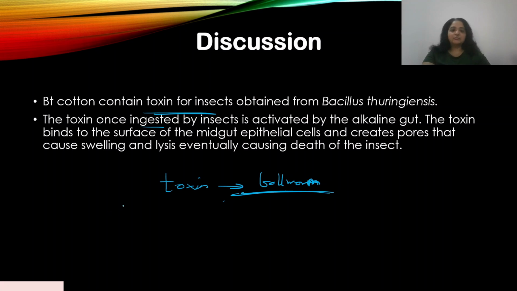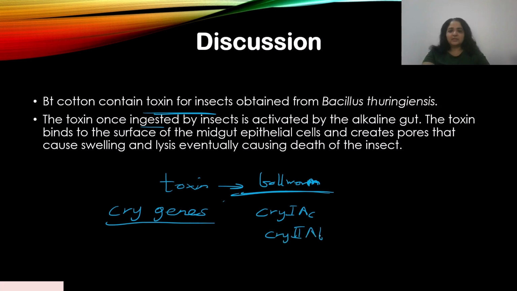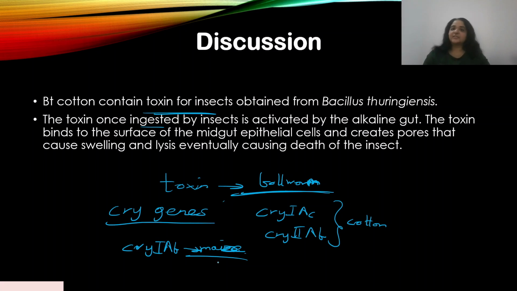Okay, and then obviously the cry genes are involved in this. There are particular cry genes. I think for cotton it's cry1 AC and cry2 AB, and for maize it's cry1 AB. So there are particular genes that encode that particular toxin in that plant, which affects the insect that attacks this plant.